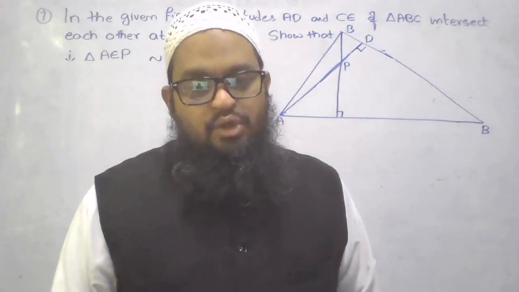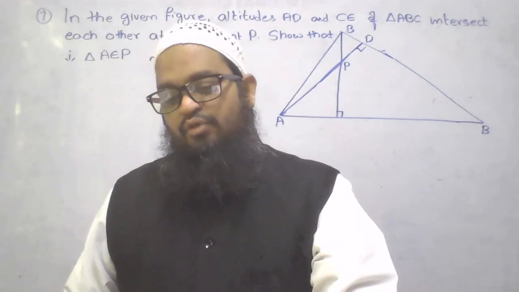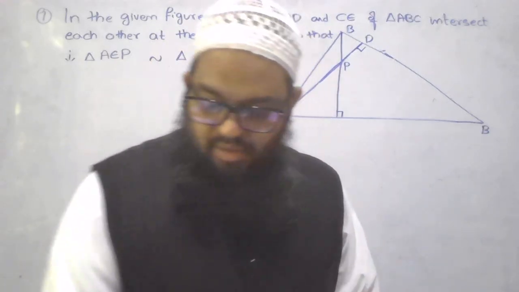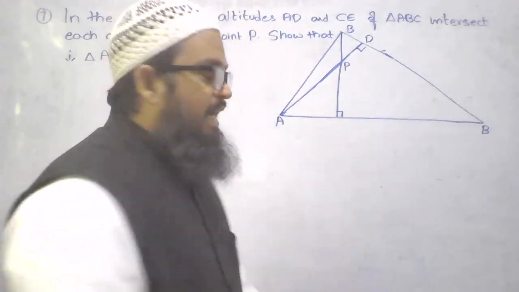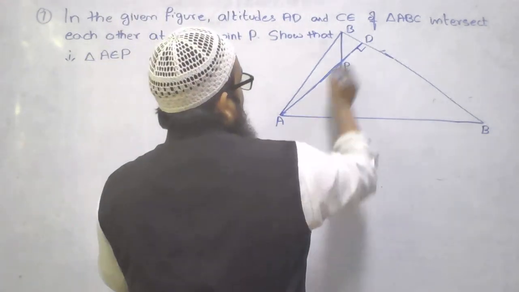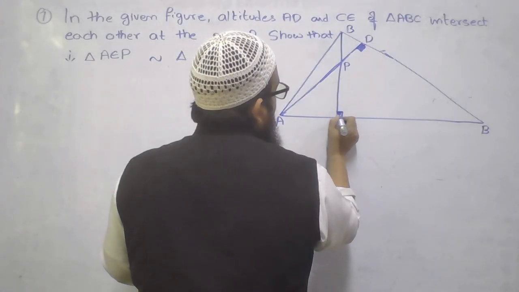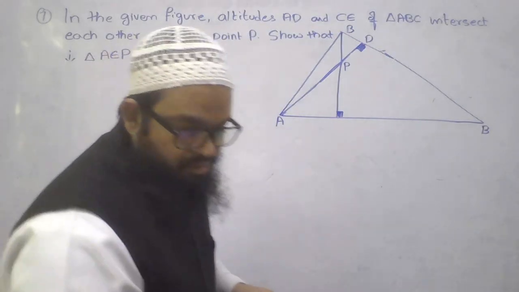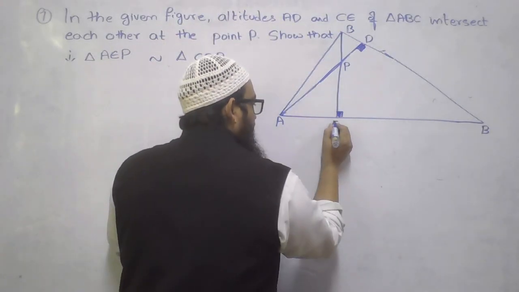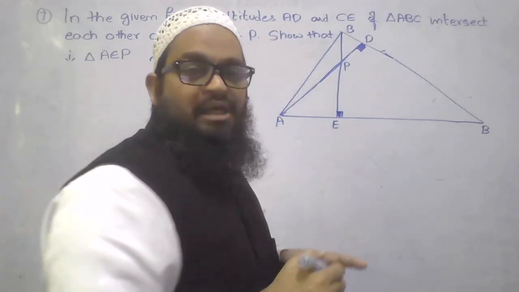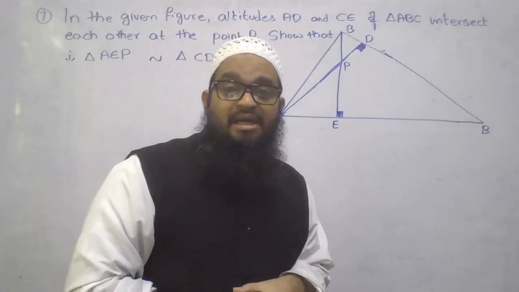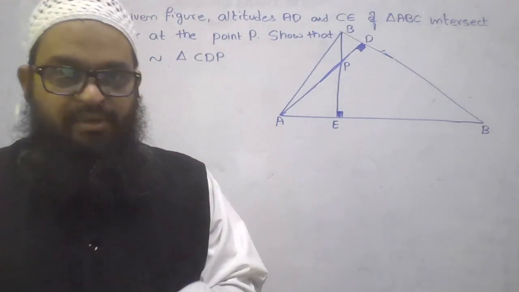The first thing you have to remember is that whenever they say altitude, AD is an altitude, that means it is 90 degrees to the base. In the same way, CE is an altitude, that means it is 90 degrees to the base. You have to remember this.